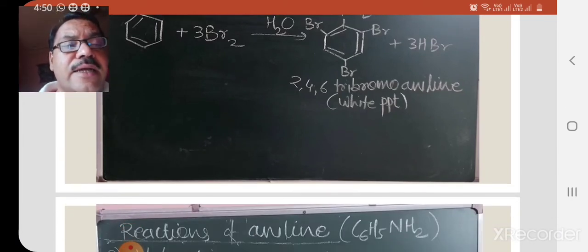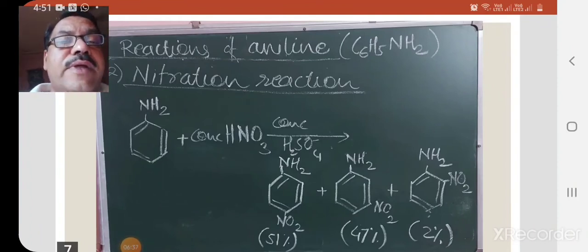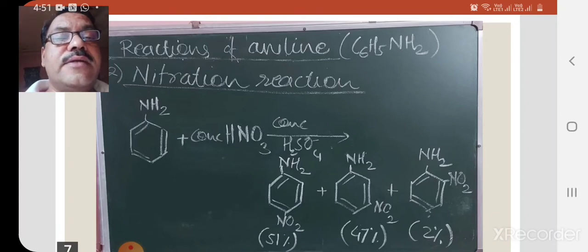If the same aniline is reacted with concentrated nitric acid, that is concentrated HNO3, this reaction is called the nitration reaction.